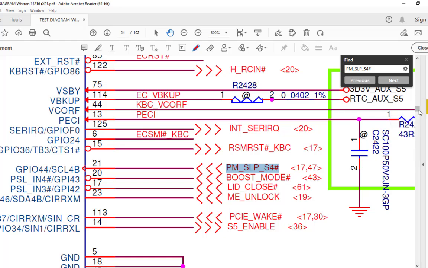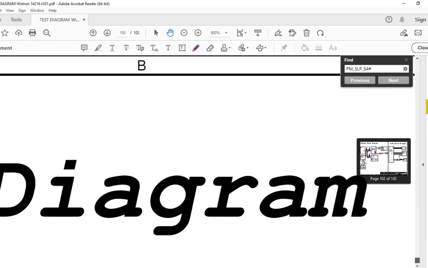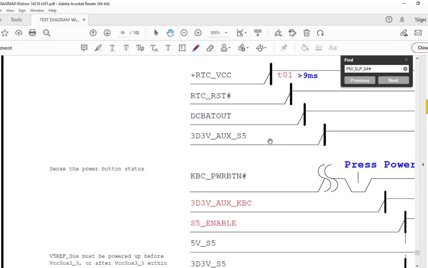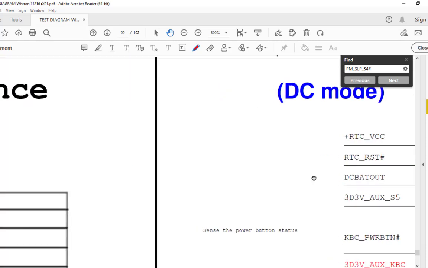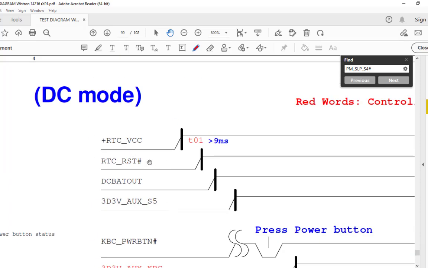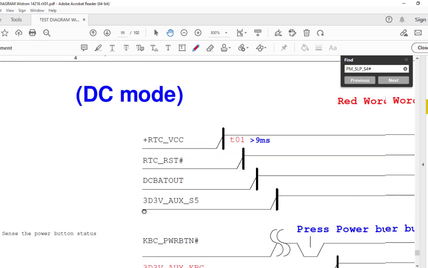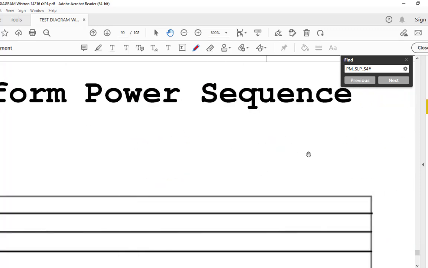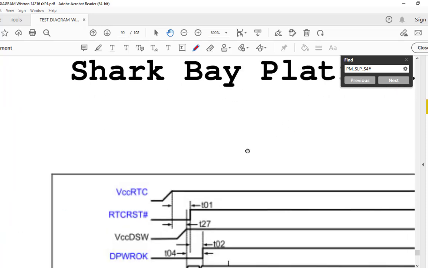So in this way you have to follow these steps, and you can follow this chart. You can start from RTC VCC, RTC reset, DC bad out, then 3.3. This mode is the DC mode, meaning when you are checking the power from the battery, and the other mode is called the AC mode, when you check the power from the adapter.